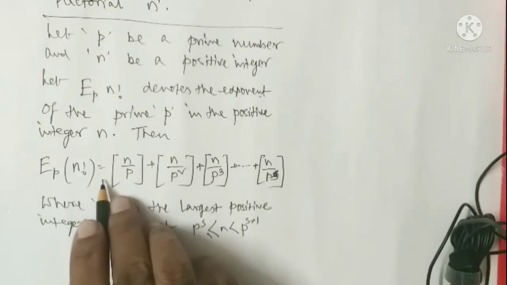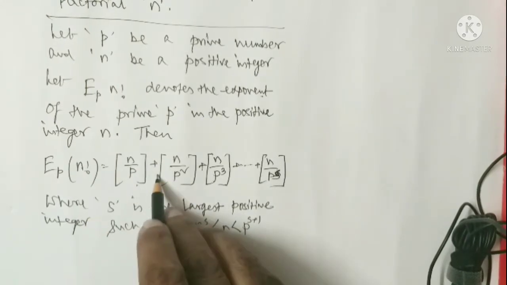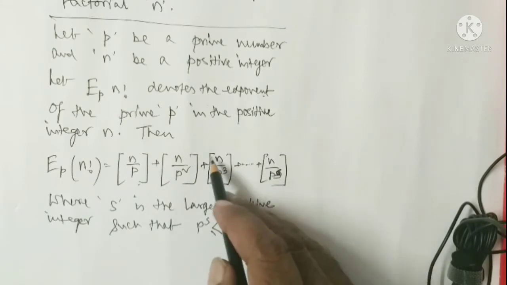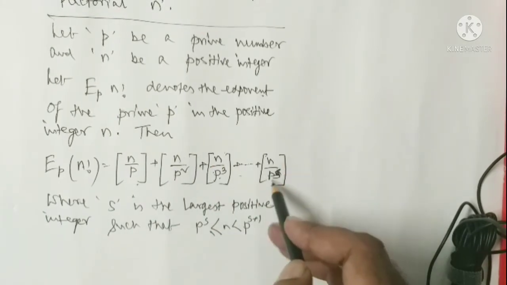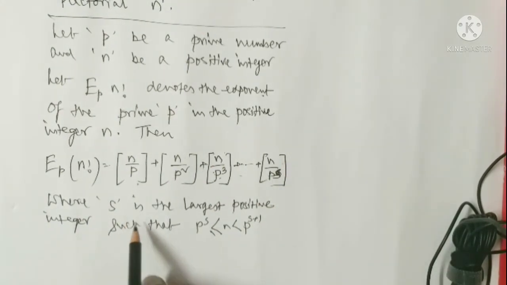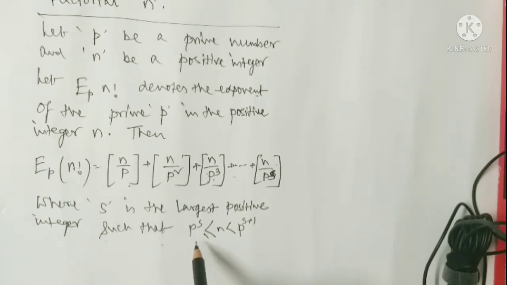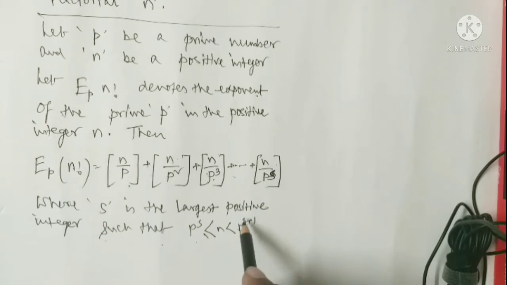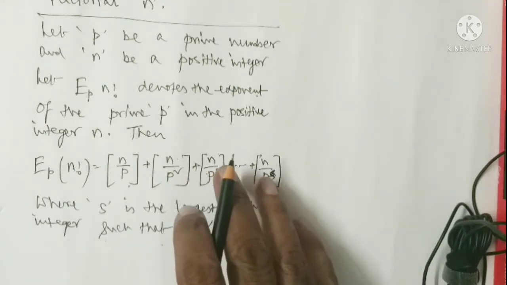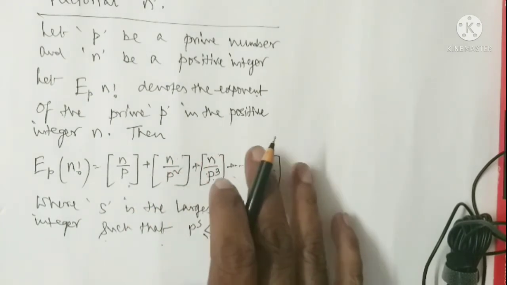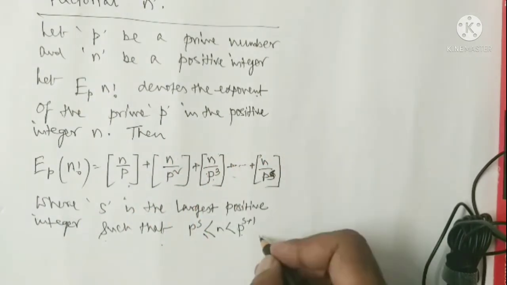Then Ep(n!) = [n/p] + [n/p^2] + [n/p^3] + ... + [n/p^s], where [ ] is the greatest integer function and s is the largest positive integer such that p^s <= n < p^(s+1). This is the special type, the exponent of prime p in n factorial.